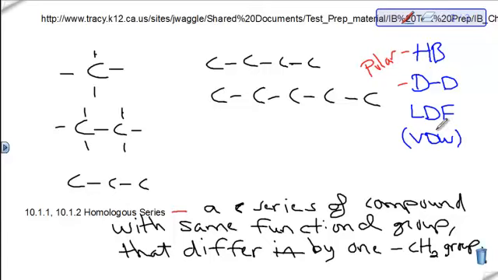And intermolecular forces, more specifically, van der Waals forces, depend only on one thing: the number of electrons. Van der Waals forces are instantaneous dipoles created by the motion of electrons.